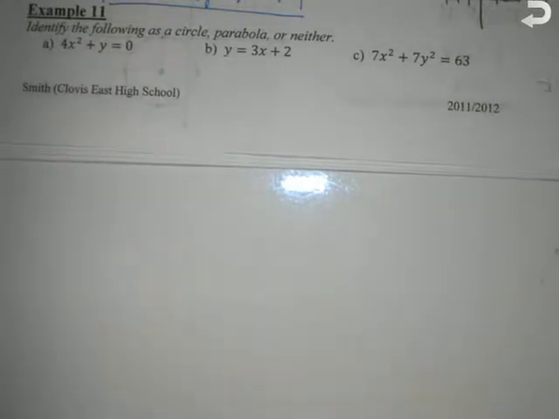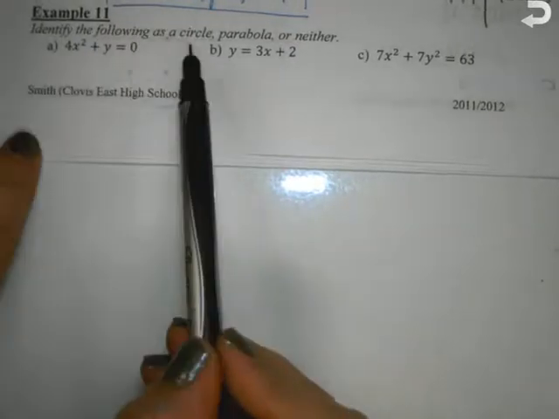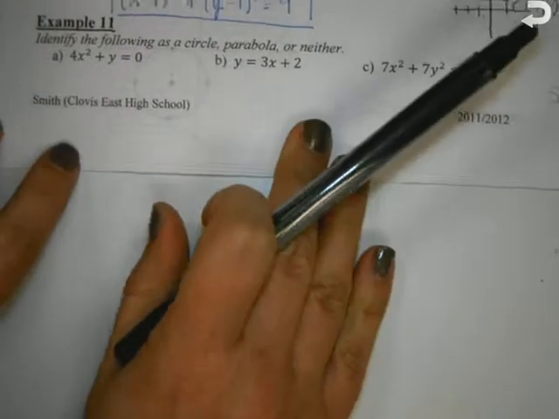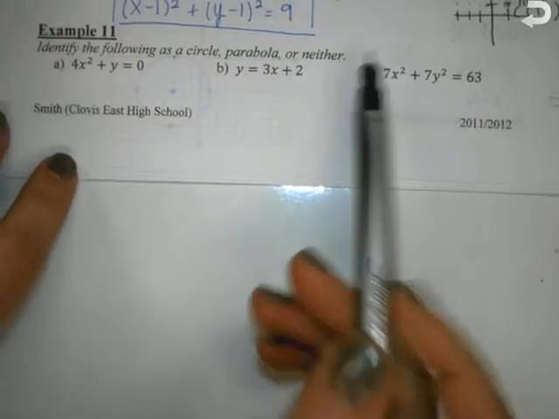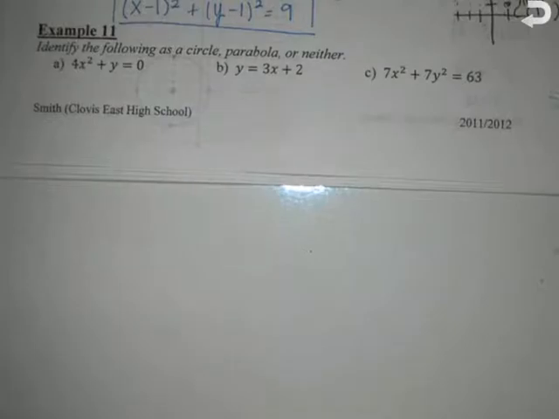Can somebody tell me what we know about the equation of a parabola? Do we know anything about it? How could you see an equation and know that it's a parabola? Y equals.